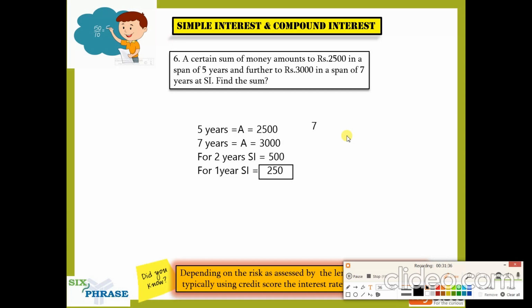So 7 years, the amount is 3000. For 6 years, the amount will be 2750, right? For 5 years, the amount will be 2500, right? So you can see it is decreasing by 250 because the interest is the same each year, right? So it is 250, 250, 250.